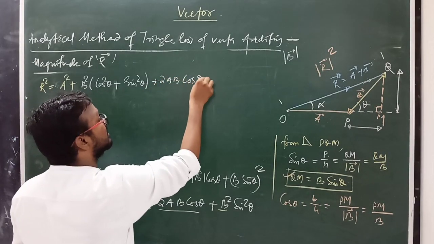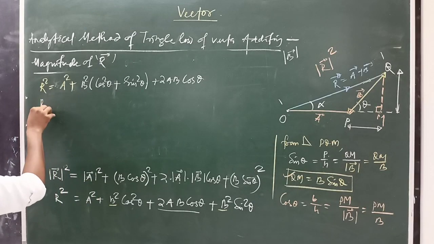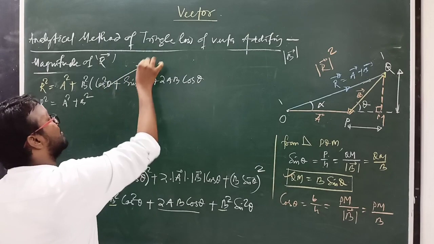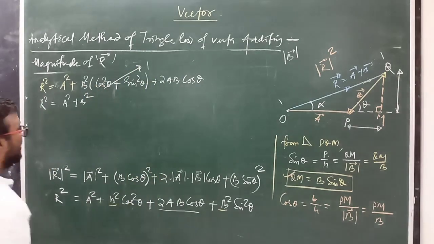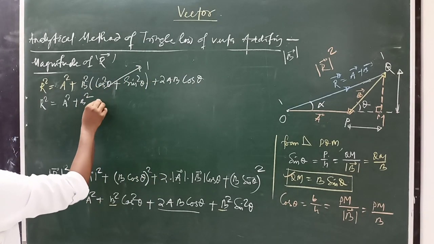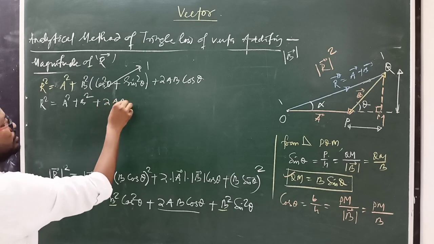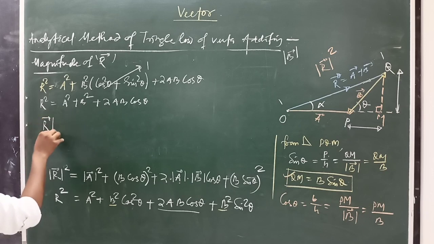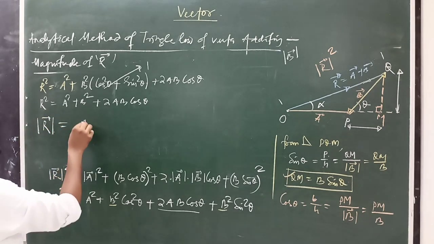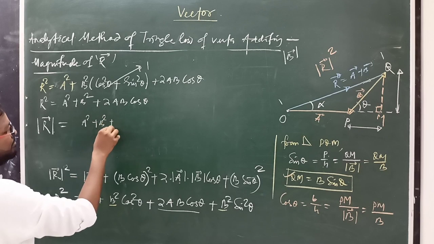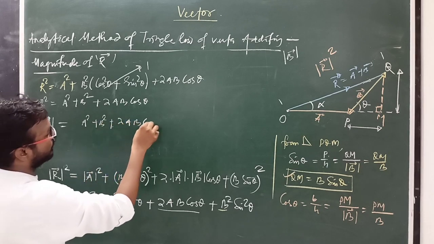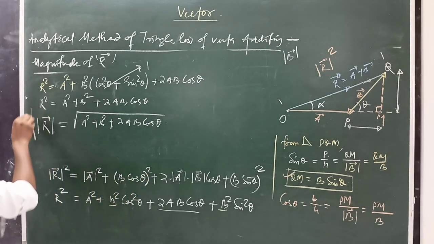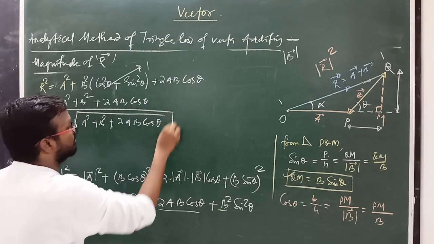Then the remaining term is plus 2AB cos theta. R square equals A square plus B square, because cos square theta plus sin square theta is 1 by the trigonometry identity. Then the remaining part is 2AB cos theta, and the resultant vector of A and B is equal to the square root of A square plus B square plus 2AB cos theta. So this is an important relation you have to remember.